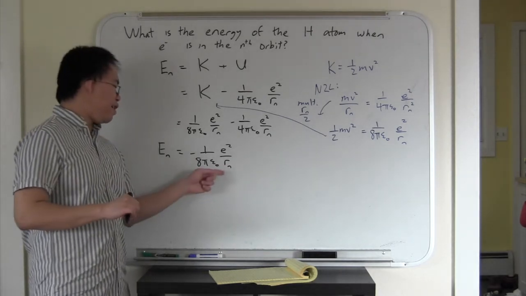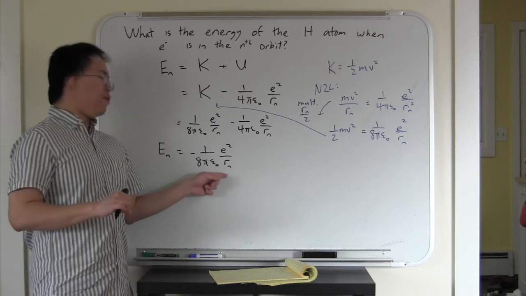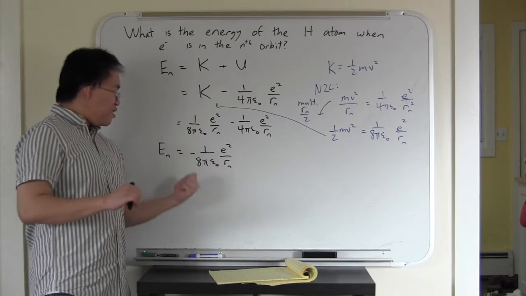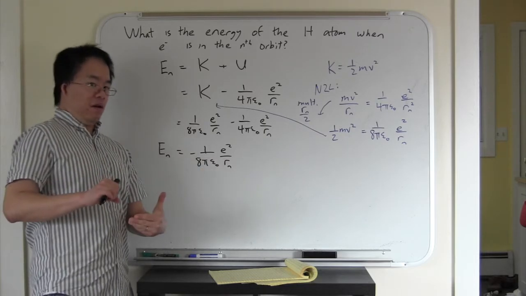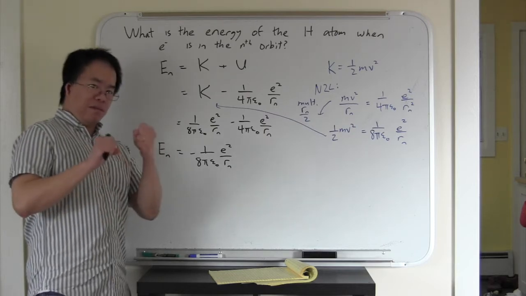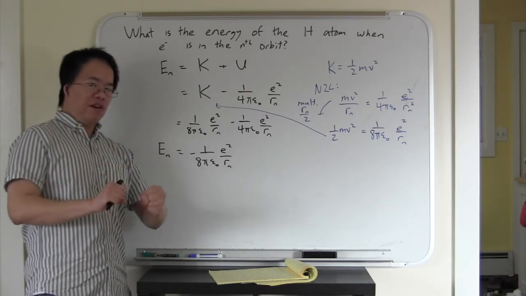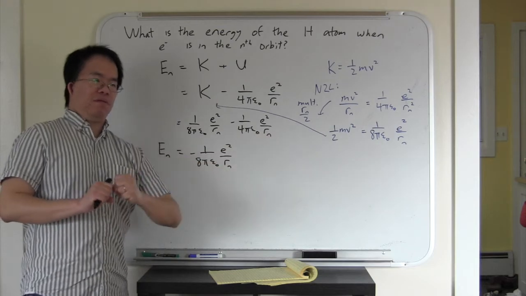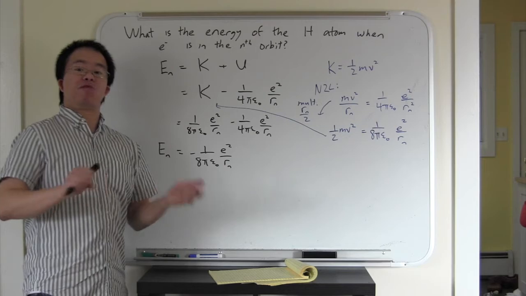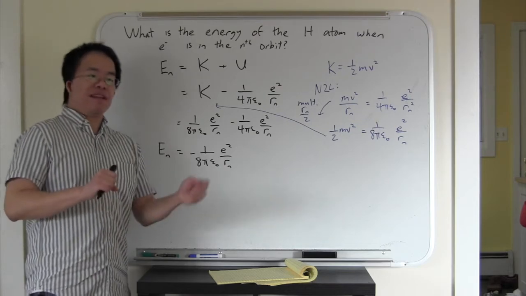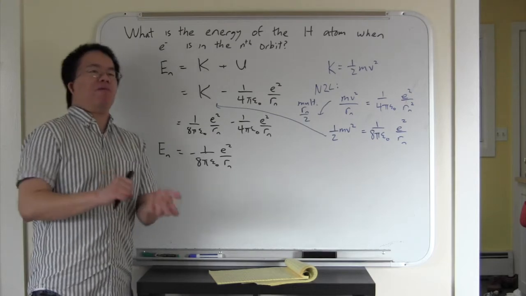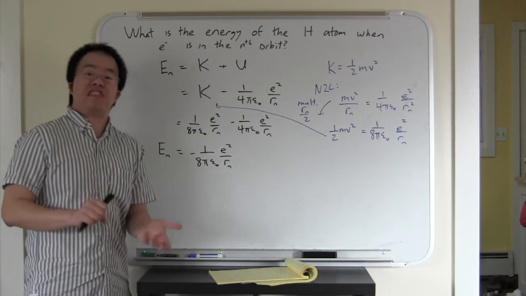Again, the energy will go to 0 as r sub n goes to infinity, and the energy is negative for a finite r sub n. That means that in order to take my electron from finite separation and move it to infinite separation, I'm going to have to add energy or do work to the system, which means that the electron and the proton really are attracted to each other, or in other words, the atom is stable.